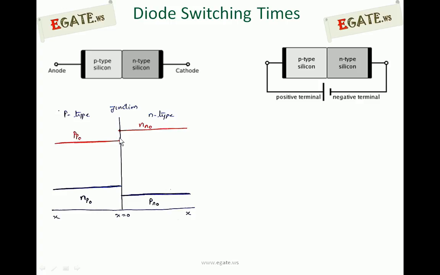Initially at the junction they are very large in number, but as they move into the n side they become minority carriers, and they try to recombine with the electrons present in n type, which are majority carriers. So the concentration of holes is very large near the junction, and as you move far away from the junction towards the n side, the hole concentration reduces exponentially.